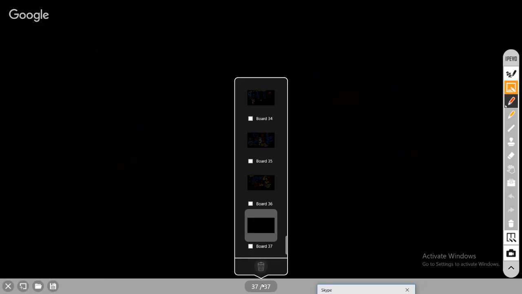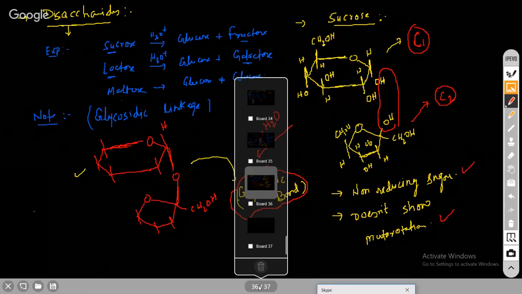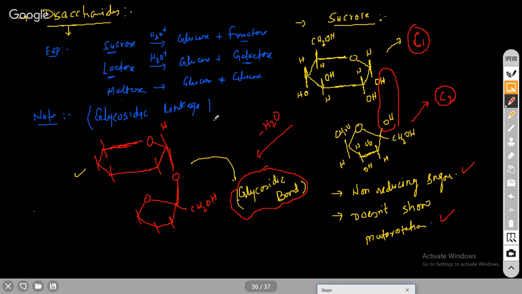Okay. Next, write down inversion of cane sugar. Actually, I'll go back to the previous slide. You see in this one, glucose and fructose, this is the anomeric carbon, right?